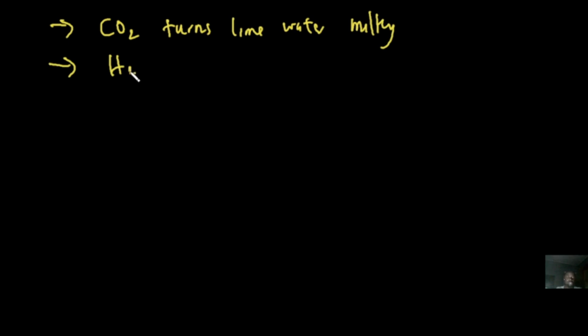Hydrogen has a characteristic pop sound. When you introduce a lighted splint to hydrogen gas, H2 gives a pop sound, just like that, a pop sound. So H2 gives a pop sound with a lighted splint.